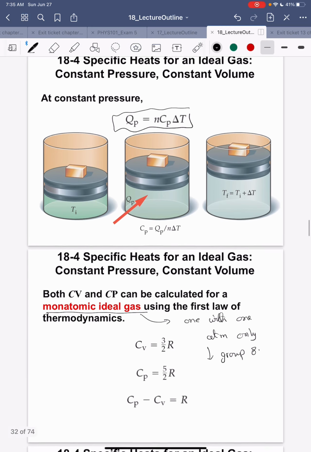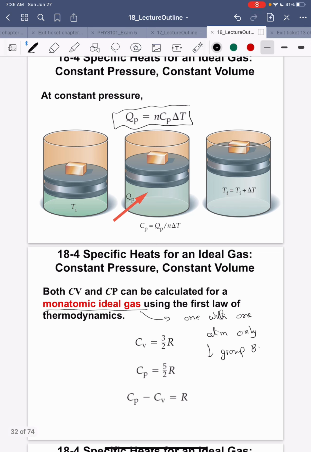And we can actually calculate these using the following equations. CV, the specific heat at constant volume, is 3/2 R, and the specific heat at constant pressure, CP, is 5/2 R. The difference between the two values is 1 R. These are equations that you need to know.